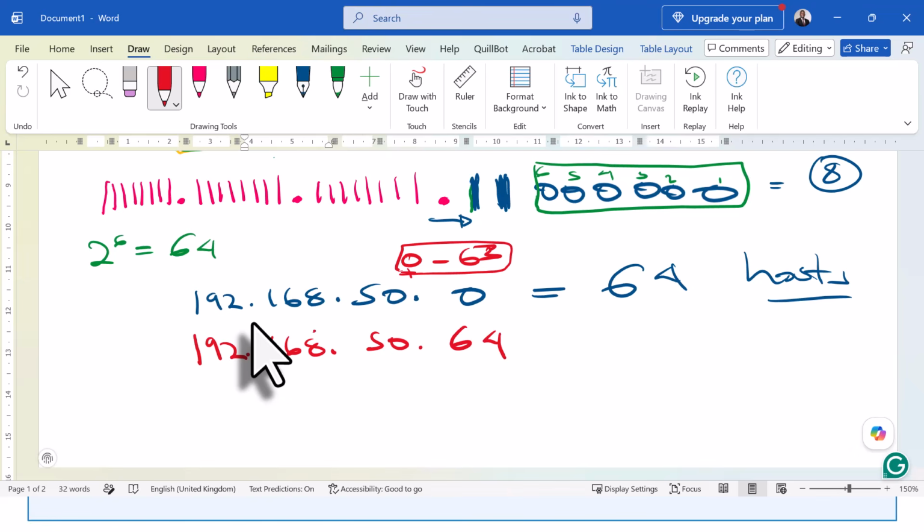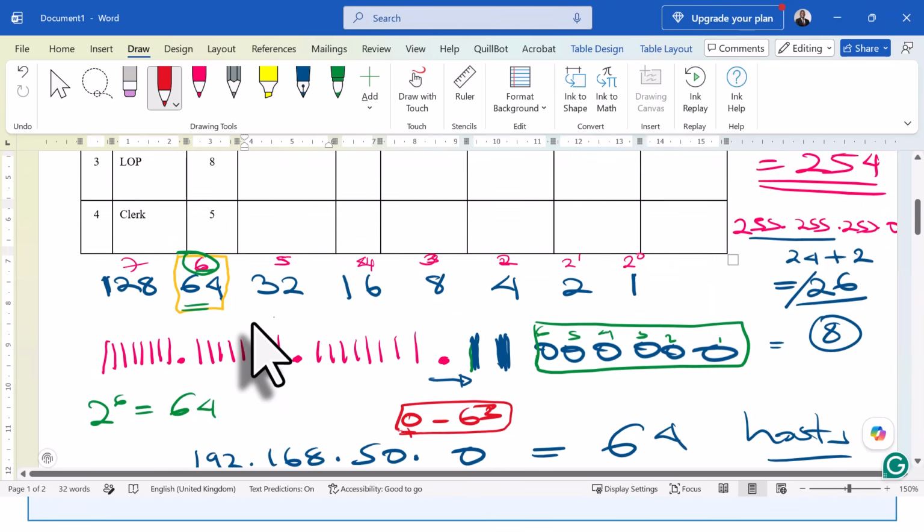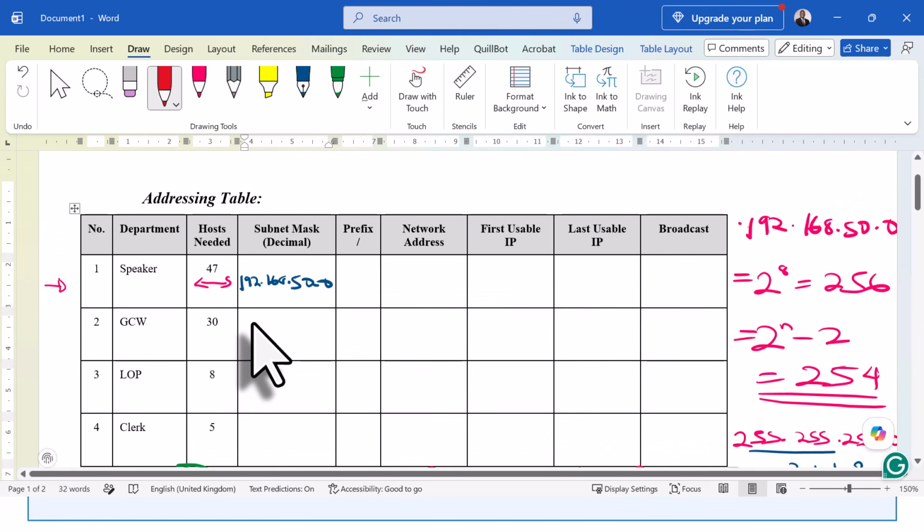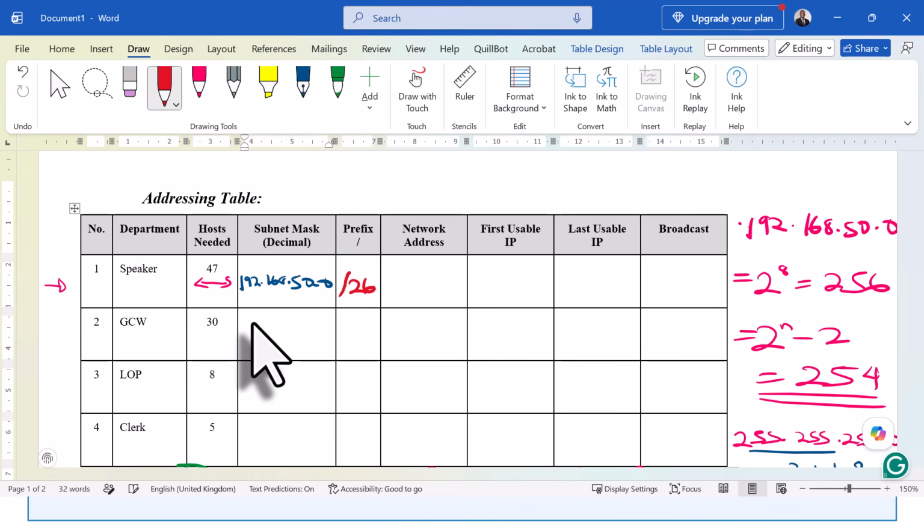So our network address will start from 64. So I come here and I fill in my table. Now that I know my new prefix, you can guess, because we have borrowed 2 bits, it will be 26. Sorry, this was supposed to be the subnet mask, so I'll write the subnet mask later. So our initial network address is 192.168.50.0, isn't it?